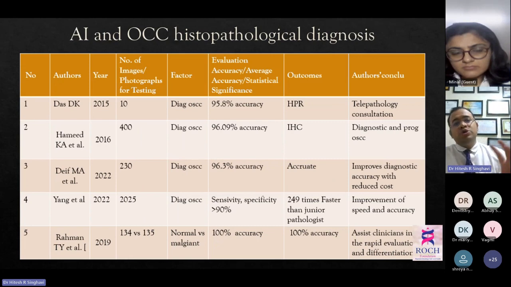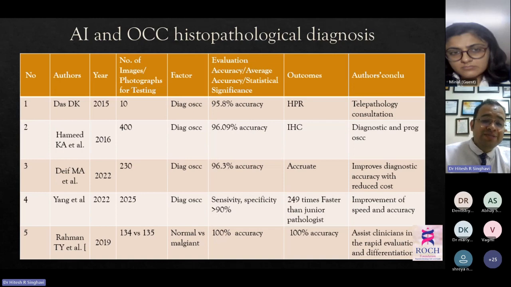Now next we move on to evidence on histopathological diagnosis using AI. So here you see, of course, the numbers are not very huge as compared to the clinical images taken, but the sensitivity and the specificity is more than 90% in all, I would say, studies.